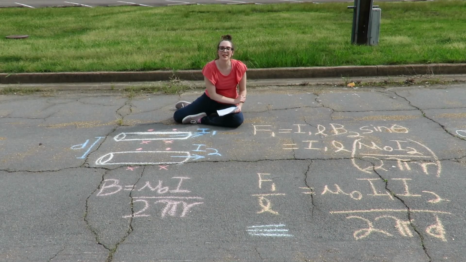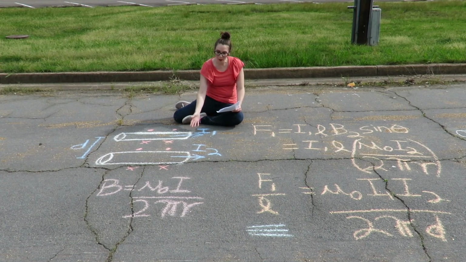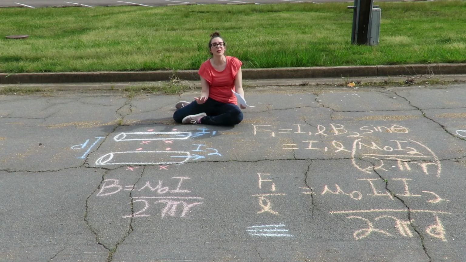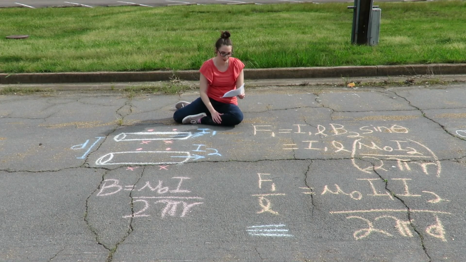And one other important piece of information is that the force between two parallel wires carrying a current is used to define the SI unit of ampere, which we've been using this whole time when we've been talking about current.